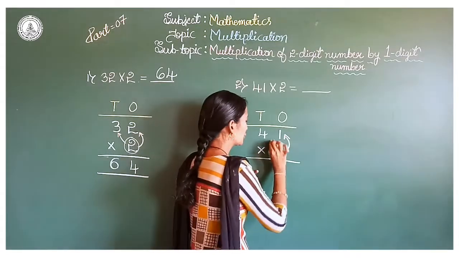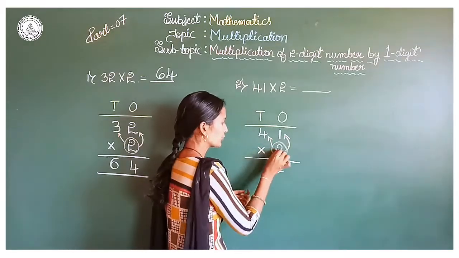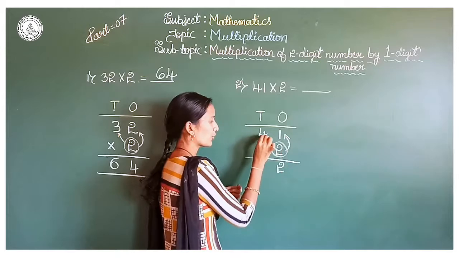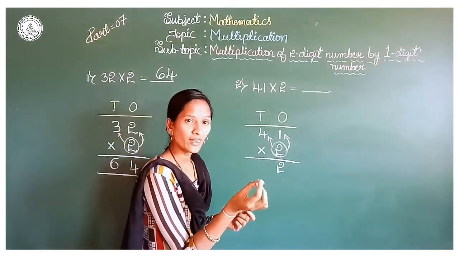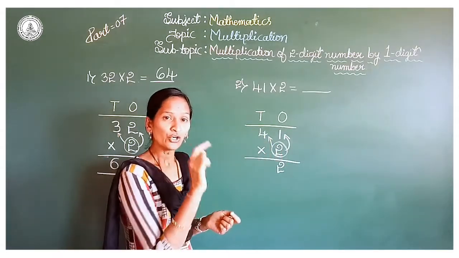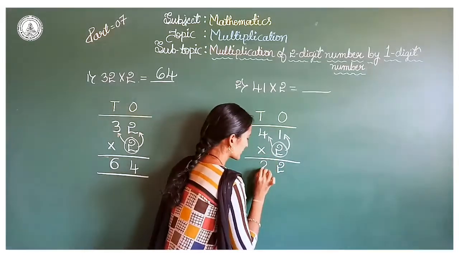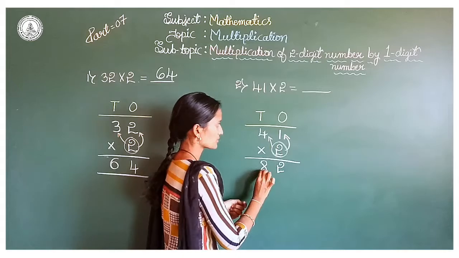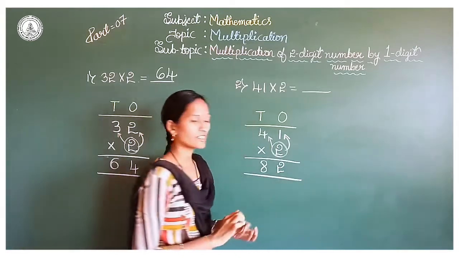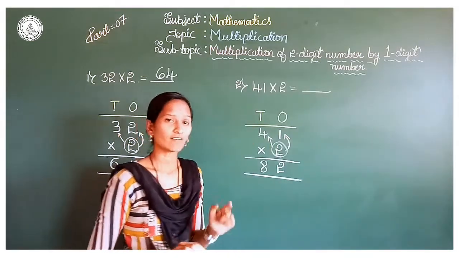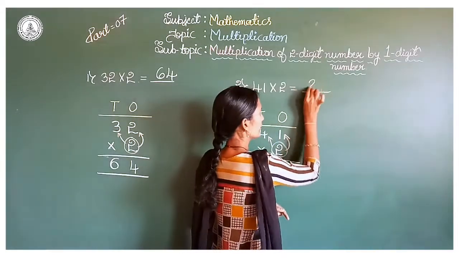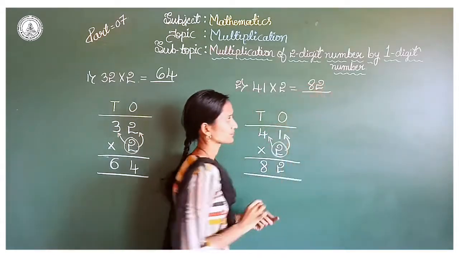So here 2 into 4. 2 4's are equal to what? Yes, in the table of 2, 2 into 4 is equal to 8. So write it down under the column of tens. So which is our product? 82 is our product. So write down here 82.